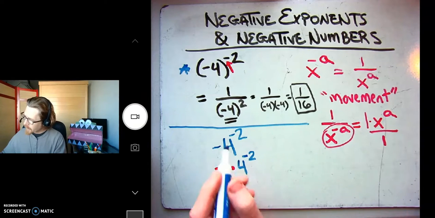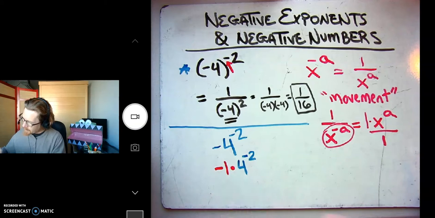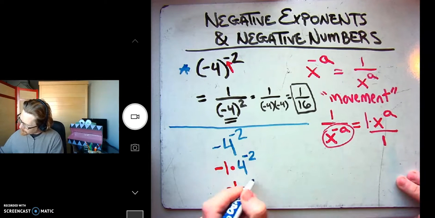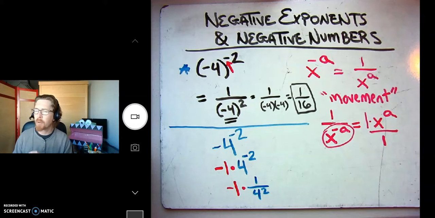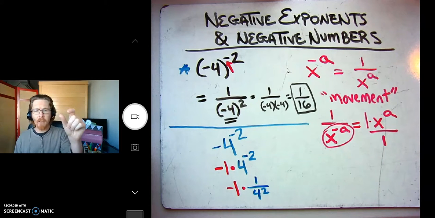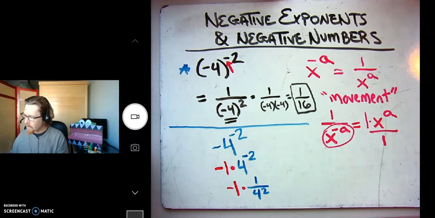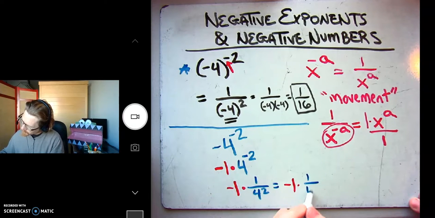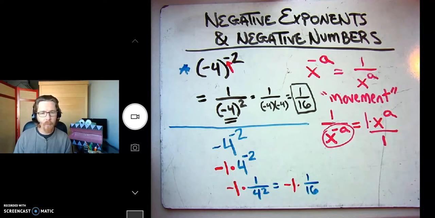So now, following our exponent rule, that negative 1 is still there. It's now being multiplied by 1 over 4 to a positive 2 power. So again, that negative exponent brings that whole term down into my denominator. We'll do the exponent work following our order of operations. So it's still negative 1 times 1 over 16, 4 times 4.